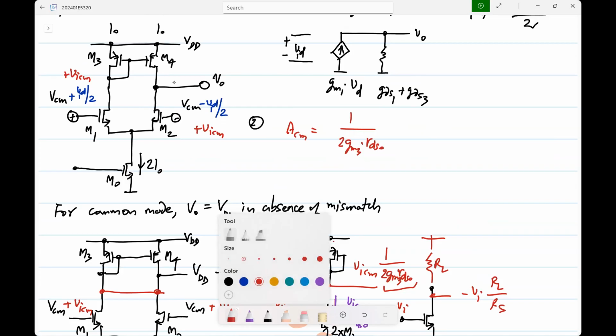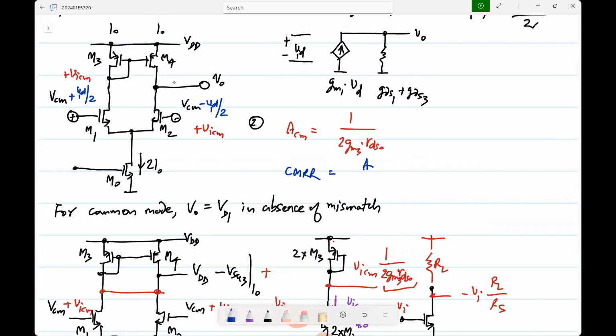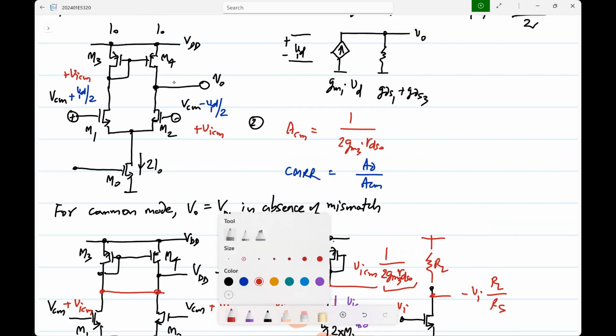So what is the common mode rejection now? By the way, the actual gain is negative, but only the magnitude is shown when you show the ACM. So what is the common mode rejection ratio?